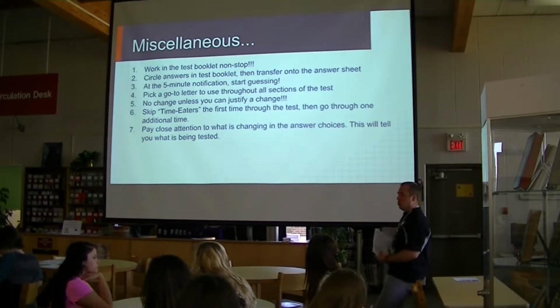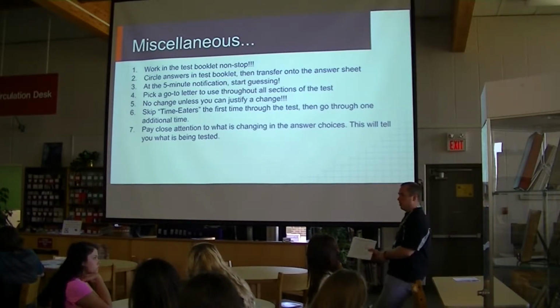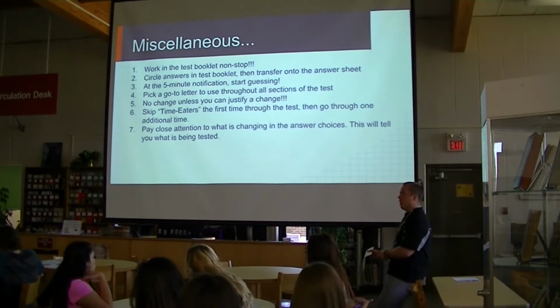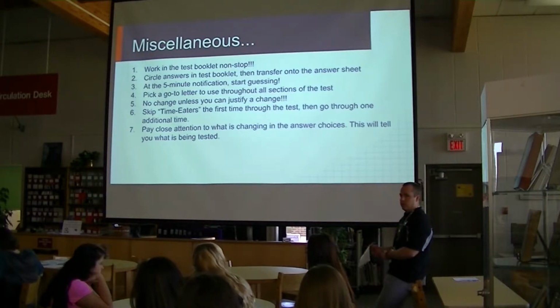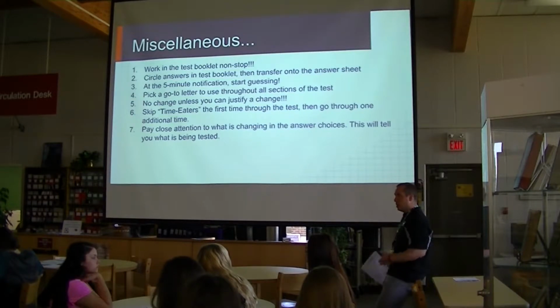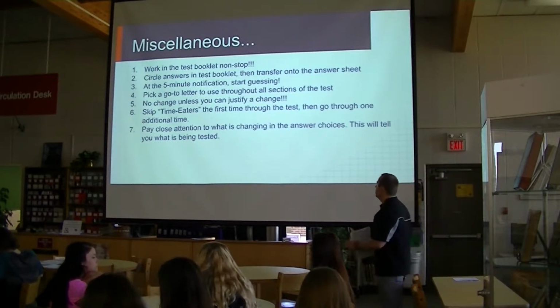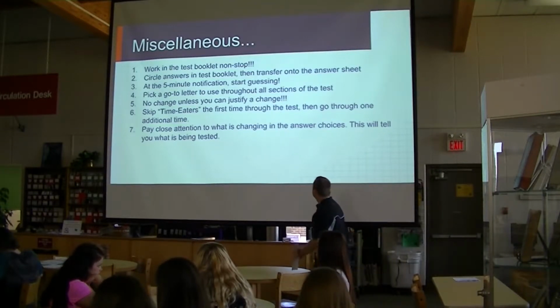Don't just pick something because you think it sounds good. Not more often than not, but a lot of times the no change option is the correct answer. They actually use that.